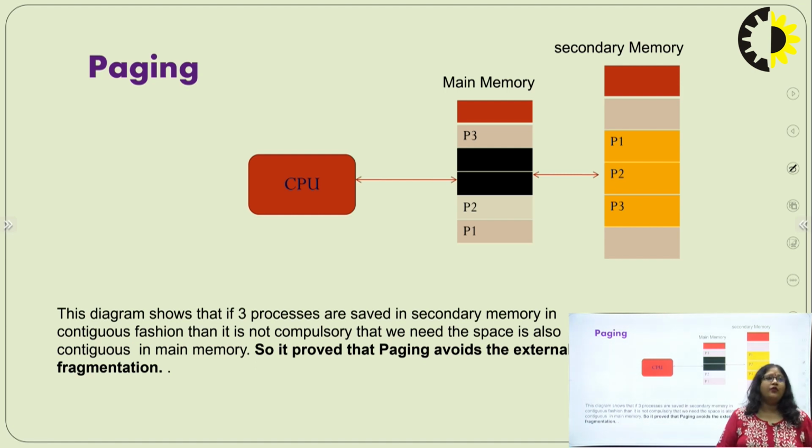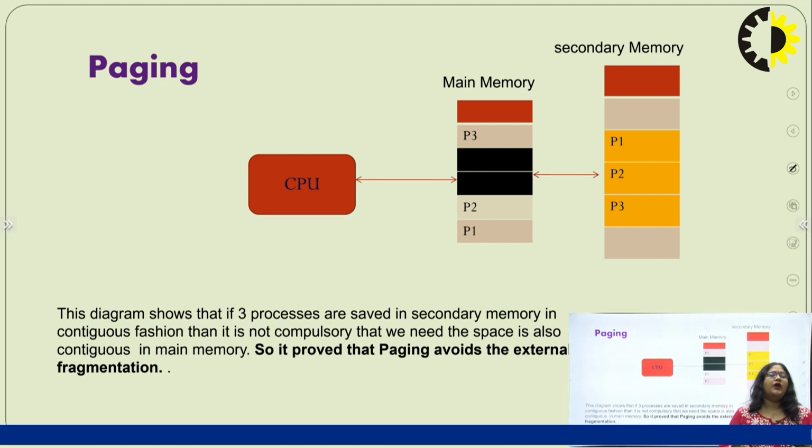First we have to find the space for P1, so we look for space at the bottom of the memory. So it is P1, and then free space is required for P2. This P2 space is in this particular location, but it is not contiguous. This diagram shows that the 3 pages are saved in the main memory, but not in contiguous fashion. So it is not compulsory that the space must be contiguous.